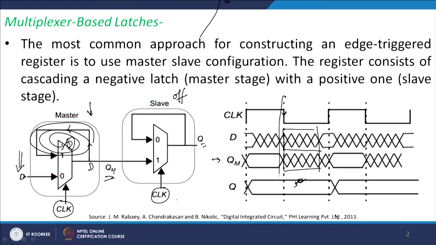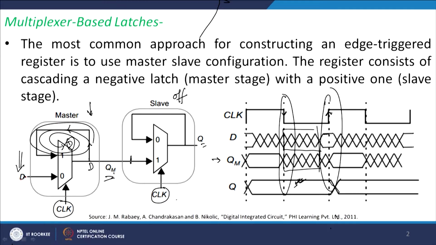Now we are done with this part. Now we go to this part, where you have the rising edge of the clock. At the rising edge of the clock, as I told you, your data is stable here, but your Q shows a shift depending on the last value of your D stored here.